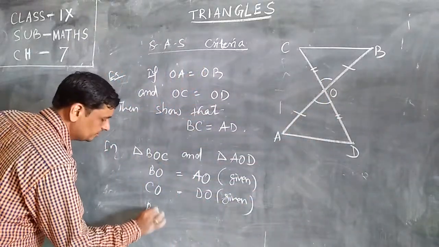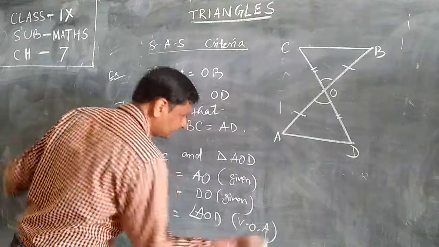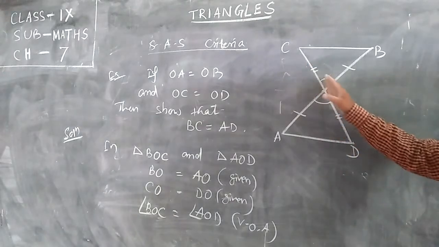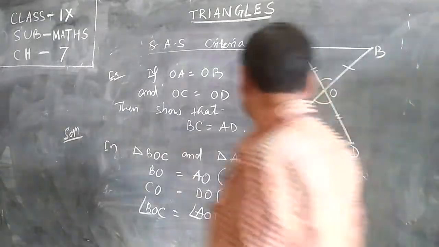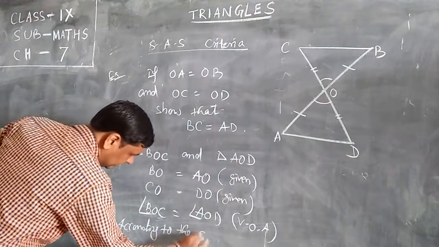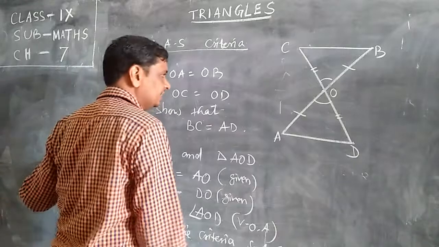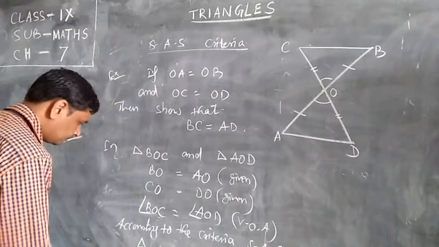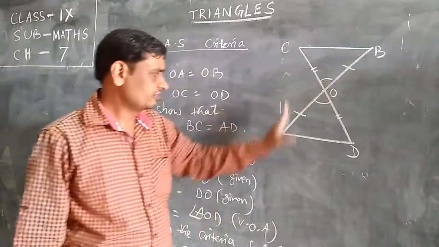So according to the criteria side angle side, SAS, triangle BOC is congruent with triangle AOD.